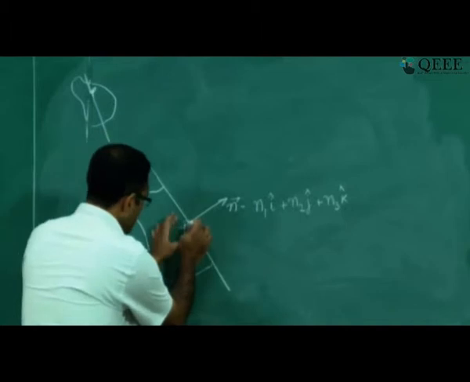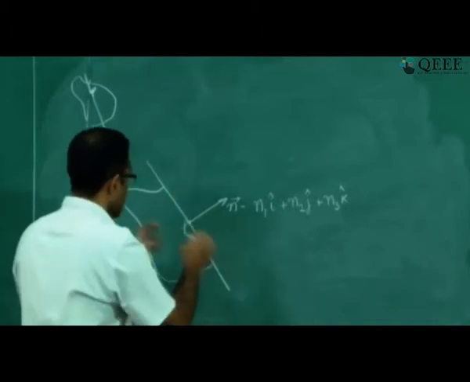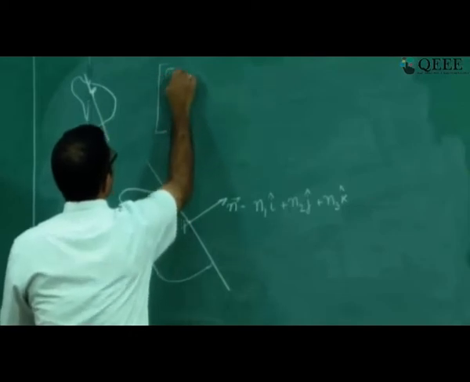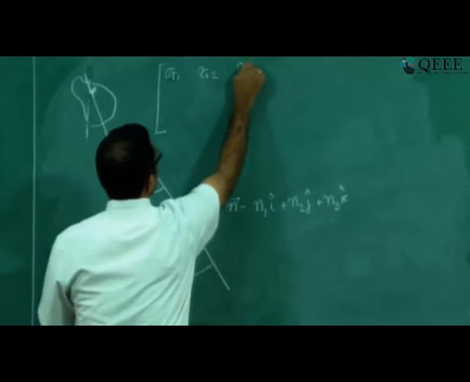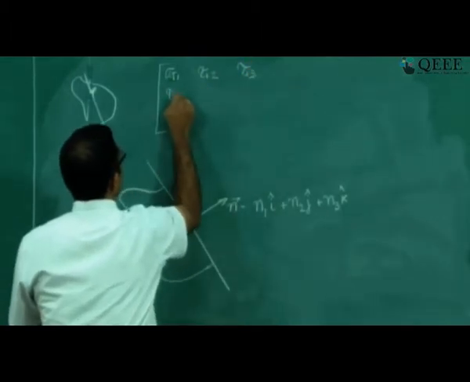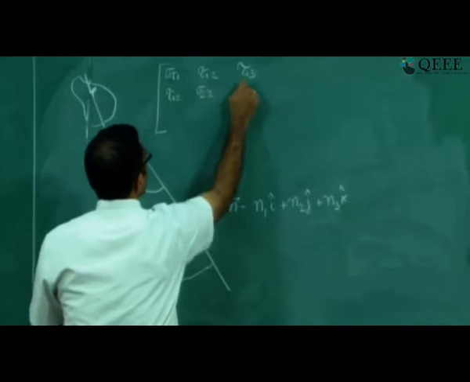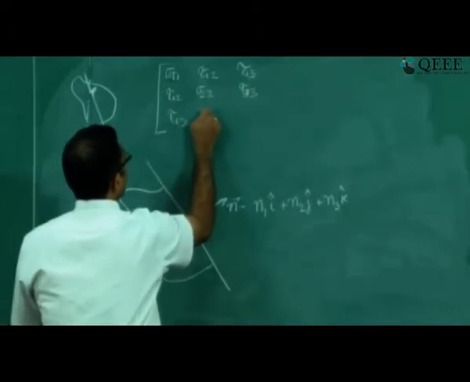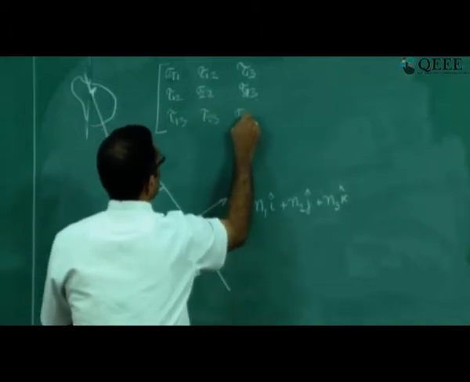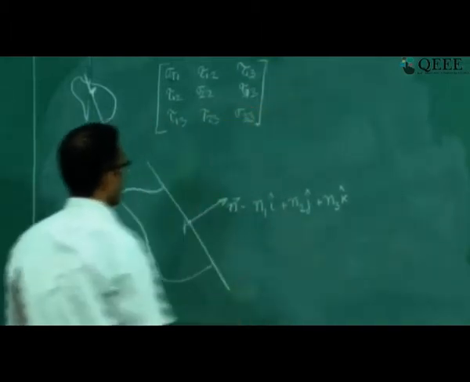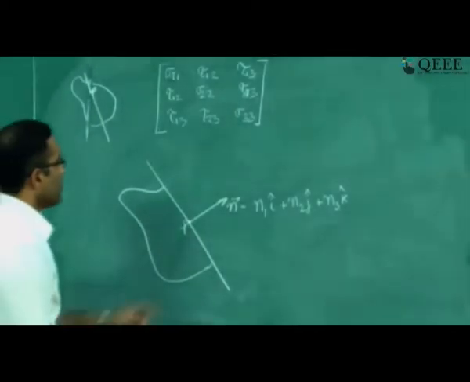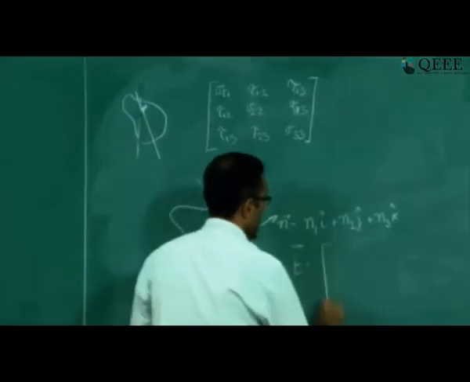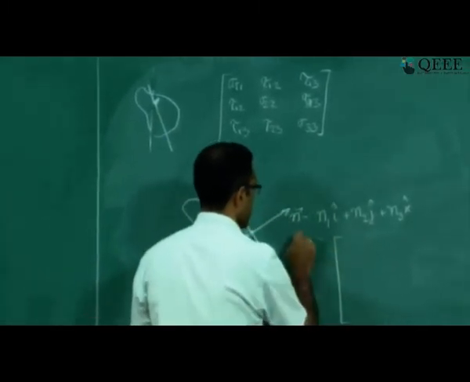Now at this particular point P, there is some stress tensor. That means at this particular point, we have these components: sigma 11, tau 12, tau 13, tau 12, sigma 22, tau 23, tau 13, tau 23, and sigma 33. Now the vector called stress is nothing but, I'm going to write it like this.